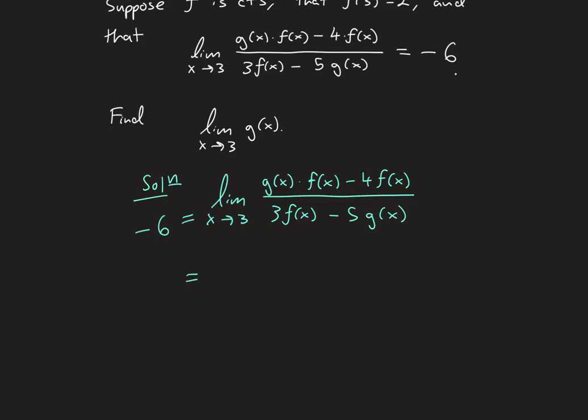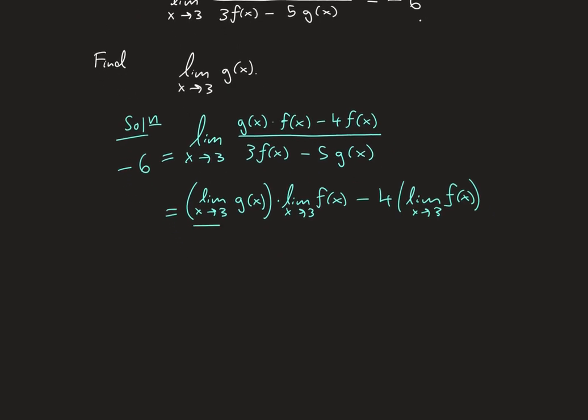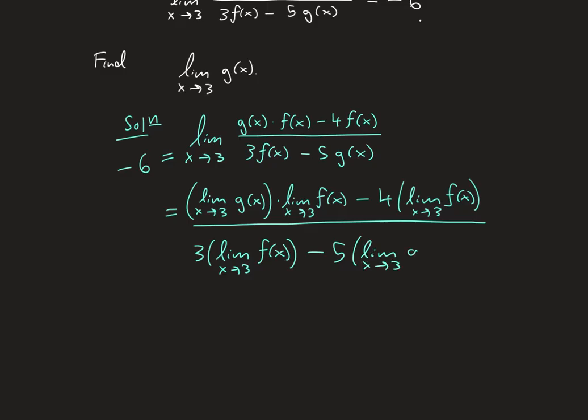But that is also equal to the limit as x approaches 3 of g of x, oh, that's what we're looking for, times the limit as x approaches 3 of f of x minus 4 times the limit as x approaches 3 of f of x, all divided by 3 times the limit as x approaches 3 of f of x minus 5 times the limit as x approaches 3 of g of x.